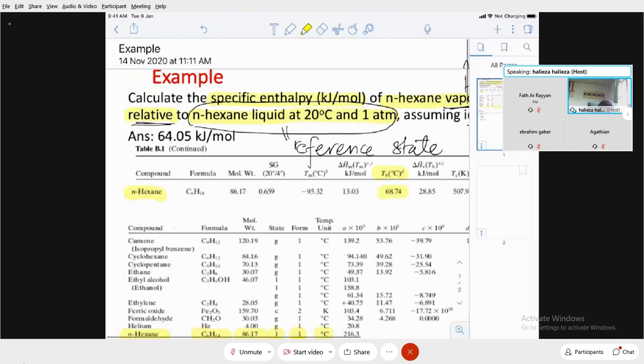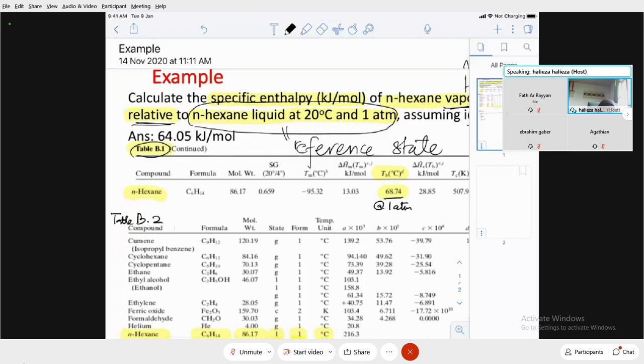This is from table B1. The polynomial equation just now is table B2. From table B1, you get the information for the boiling point, at 1 atm.